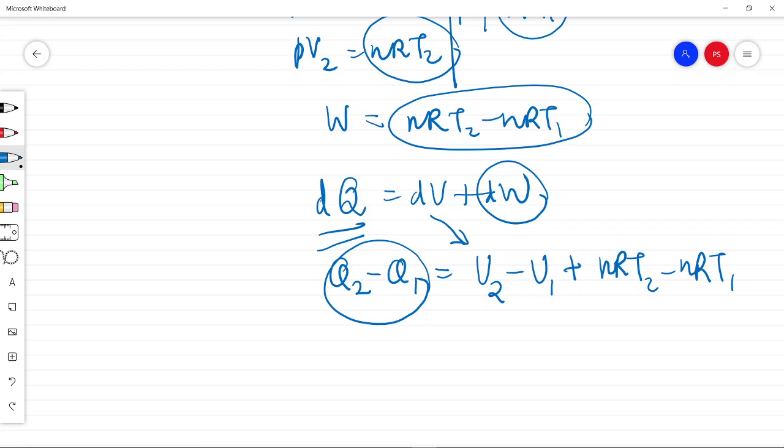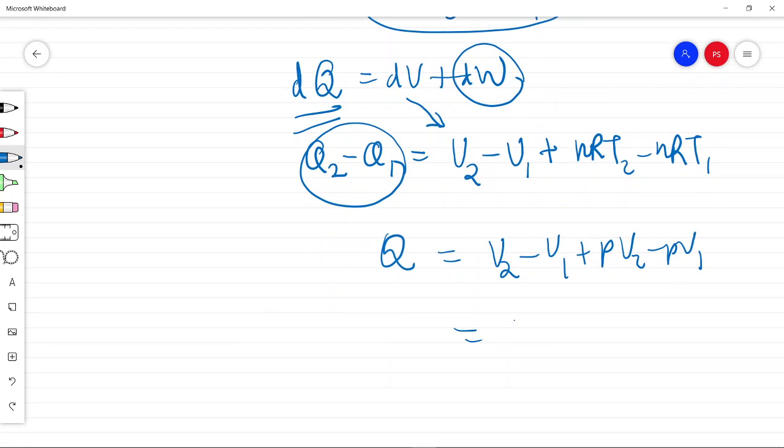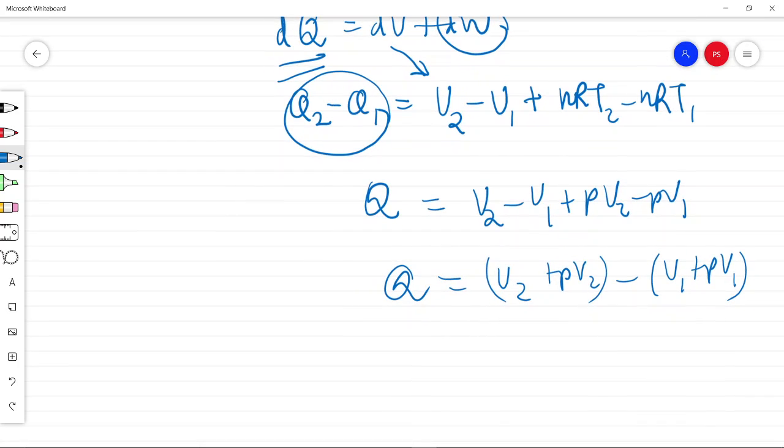So this is simply the change in heat Q, which is U2 minus U1 plus PV2 minus PV1, or we can see that this is U2 plus PV2 minus U1 plus PV1. So anyway, we can call it delta Q.